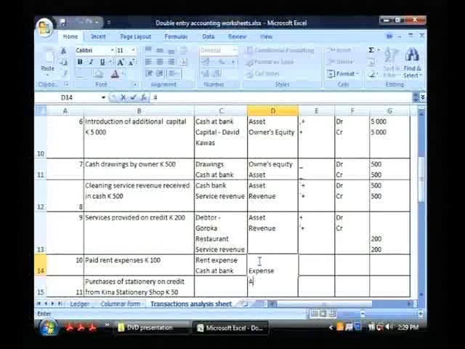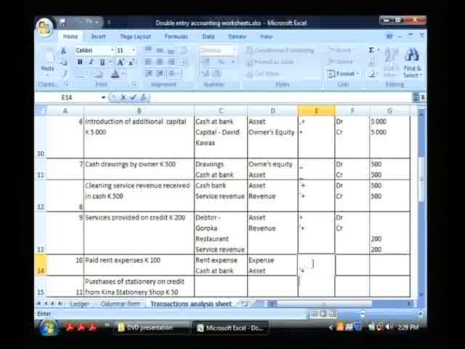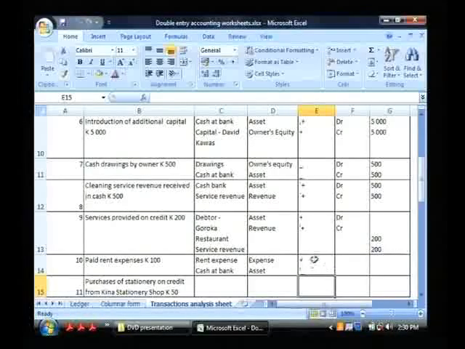Cash at bank, as you know, it is an asset account. Then increases and decreases. Once you incur expenses, then expenses will increase, and once you make payment out of your cash, then your cash will decrease.